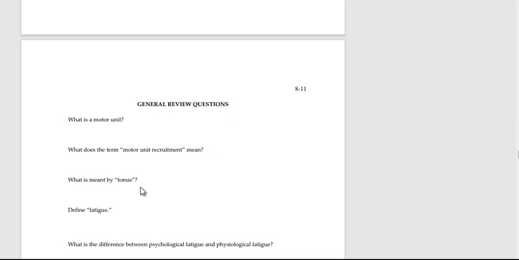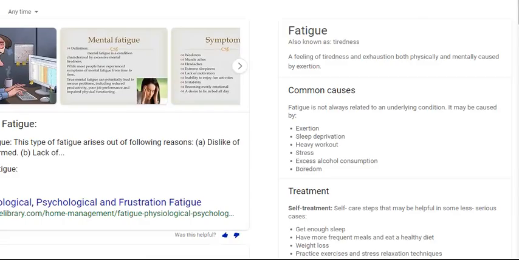Psychological fatigue and physiological fatigue. So checking online for psychological versus physiological fatigue. Physiological fatigue, you actually are lacking the chemical to make the muscle fire because you've overdone it.